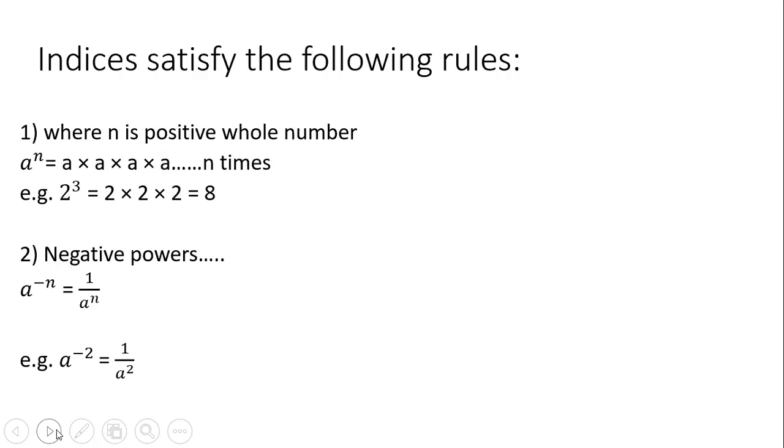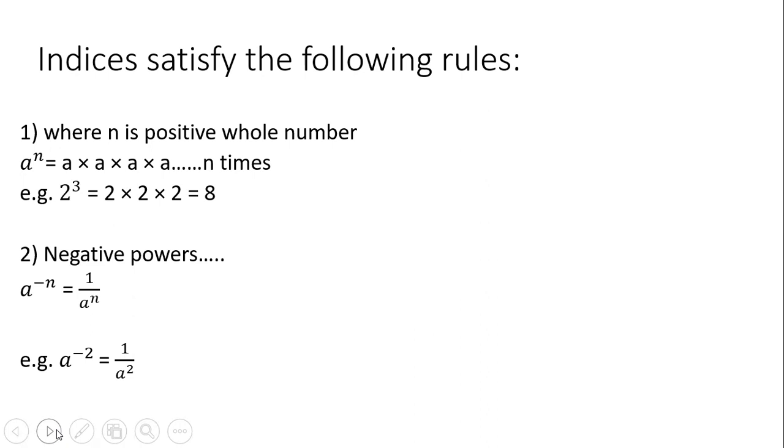indices satisfy the following rules. In number 1, where n is a positive whole number, we raise a to power n and we multiply it by itself n times. For example, if we have a base 2 raised to power 3, we multiply 2 three times, then we get 8. And in number 2, we have negative powers.